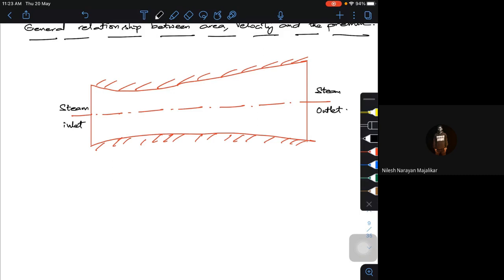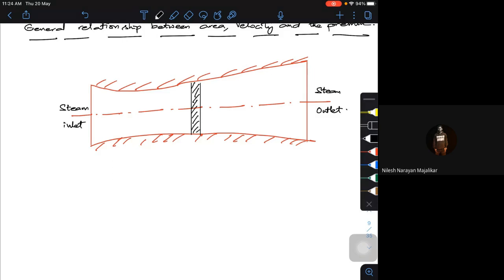Now let us consider a small elemental strip somewhere between the inlet and exit. A small strip here, somewhere here.